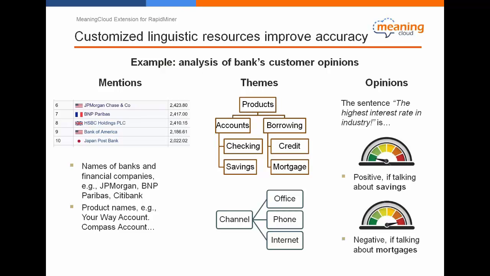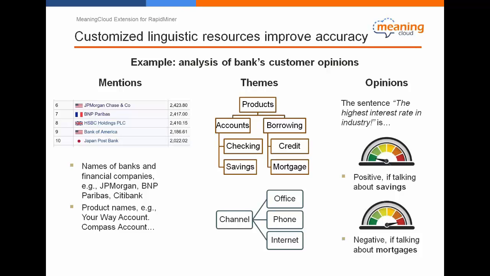It's based on statistics and artificial intelligence, and everybody's worried about the quality and precision of text analytics. We've found that this quality heavily depends on the level to which you can adapt your text analytics to your domain. For example, imagine you are analyzing opinions from banks' customers.